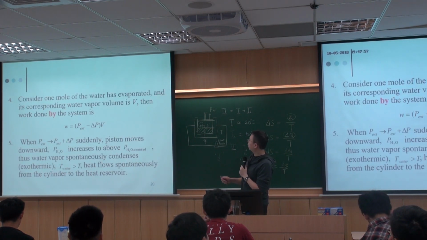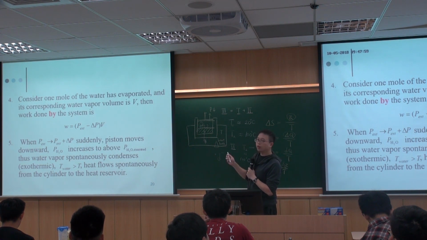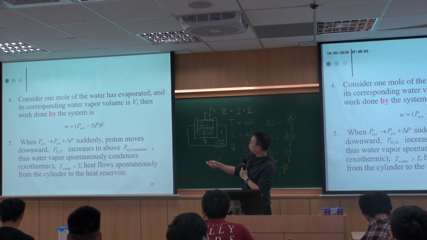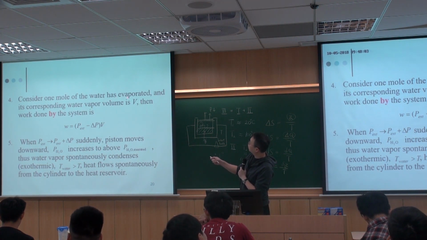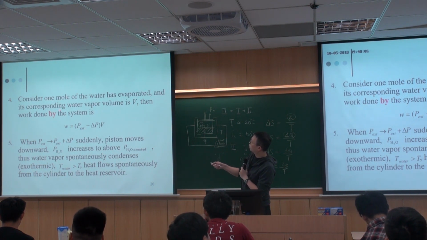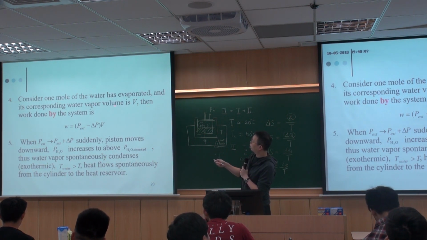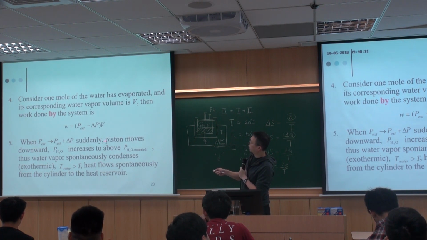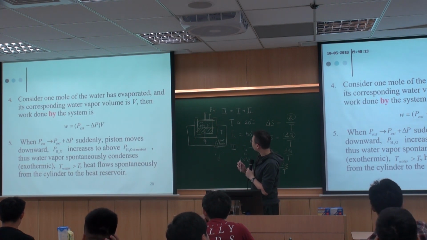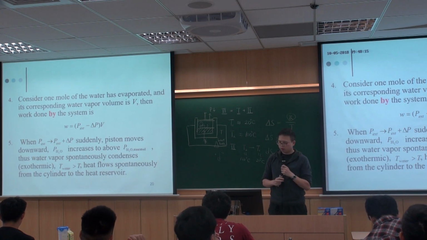So if you consider during this process, 1 mole of the water has been evaporated, and the corresponding vapor volume is V, then the work done by the system is something like this. What does this mean?